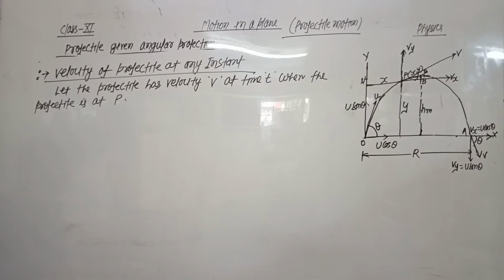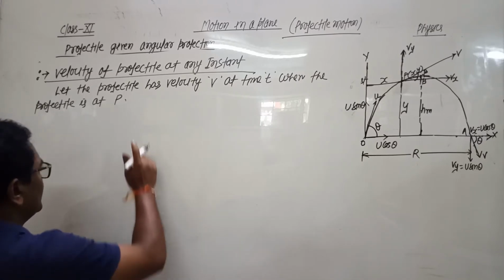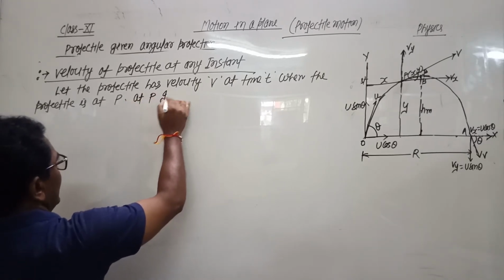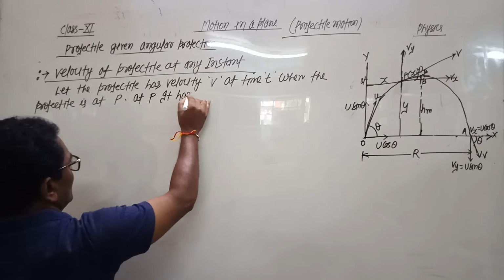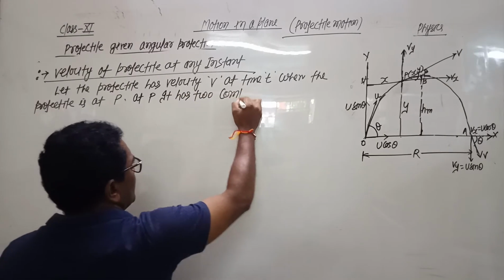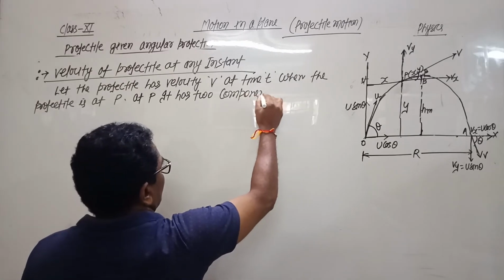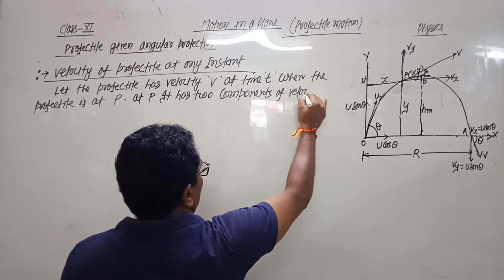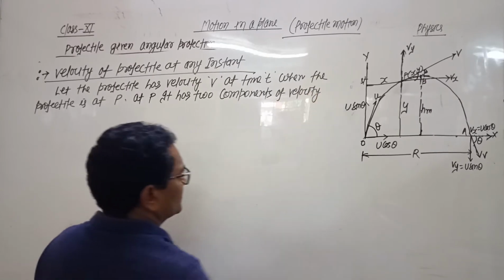At point P it has two components of velocity.